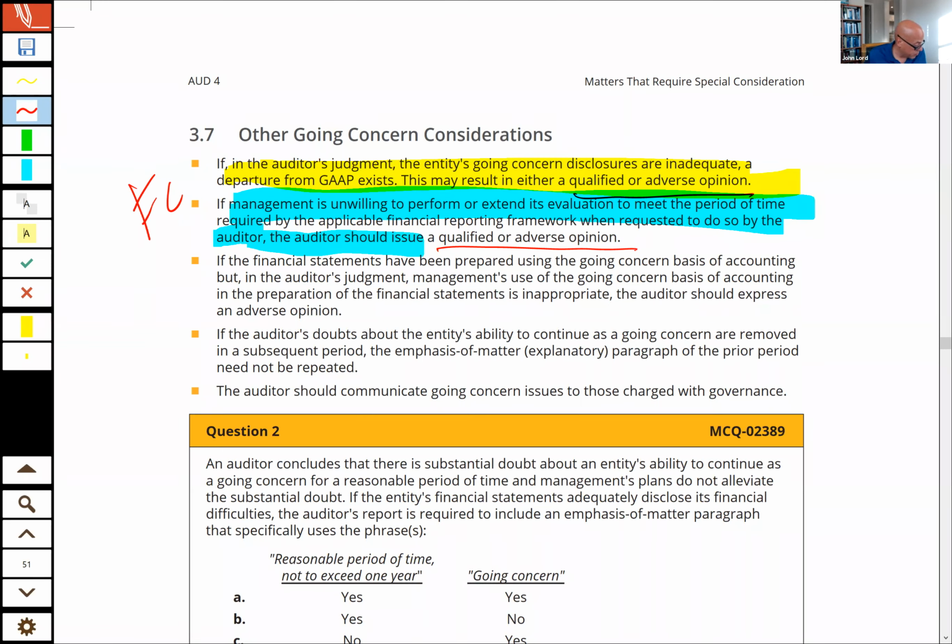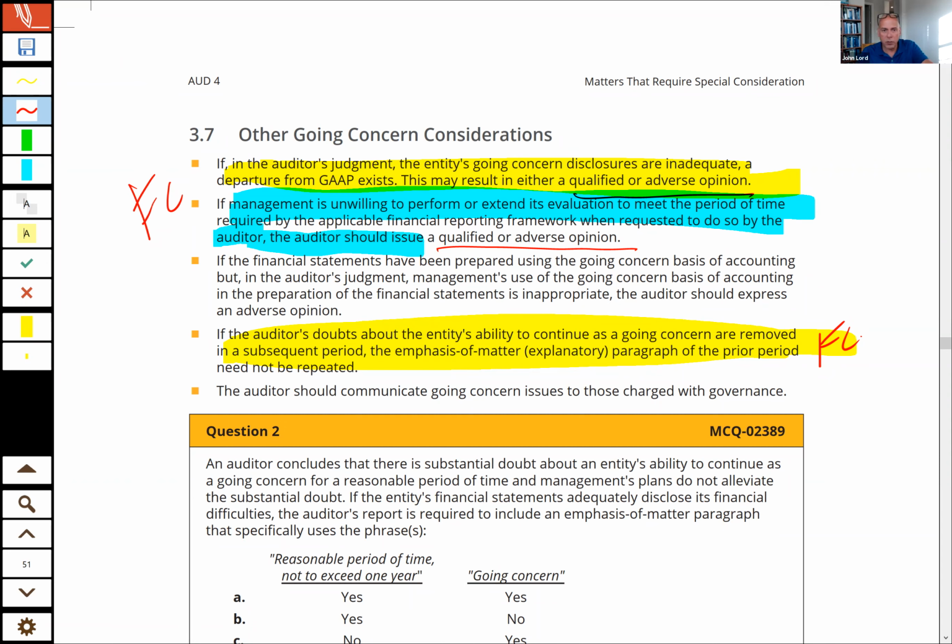If the doubt about the entity's ability to continue as a going concern is removed in a subsequent period, then you do not have to continue to carry that emphasis of matter explanatory paragraph in your report. So I am auditing 2021, and they're having some problems. The pandemic is still affecting them, or I'm auditing 2020 and things aren't looking too good. I add the what? Explanatory paragraph. It says the matter about substantial doubt of going concern.